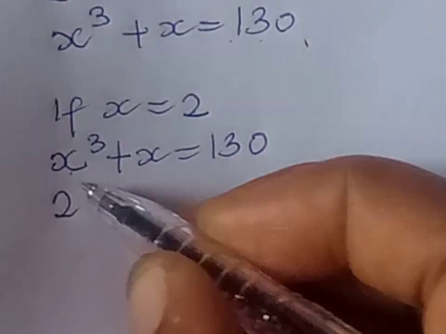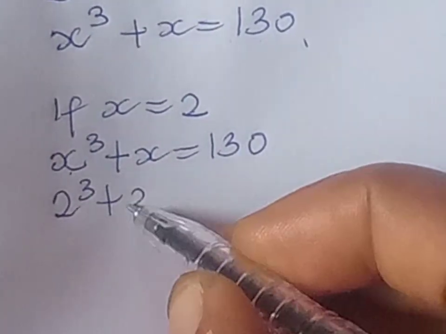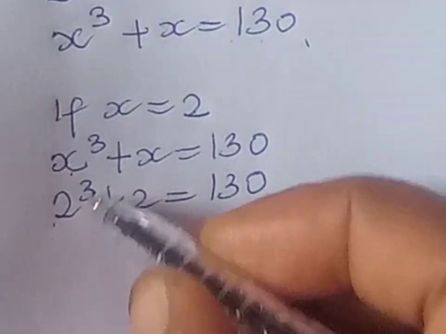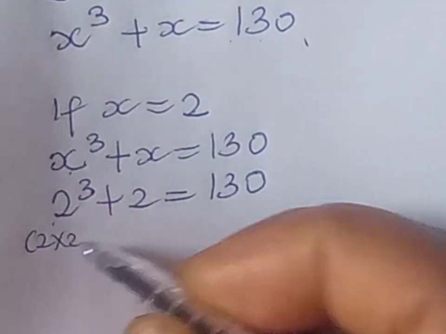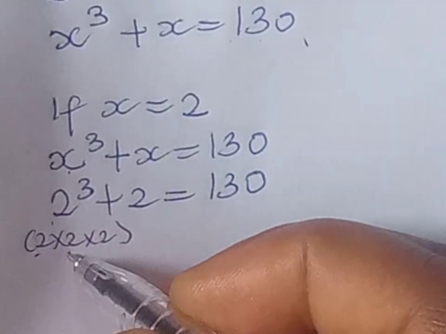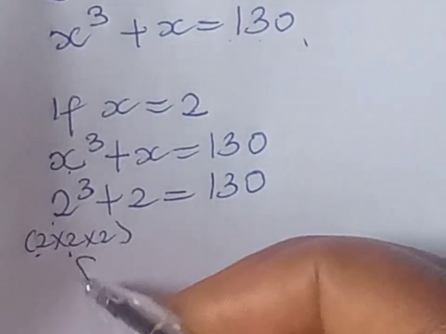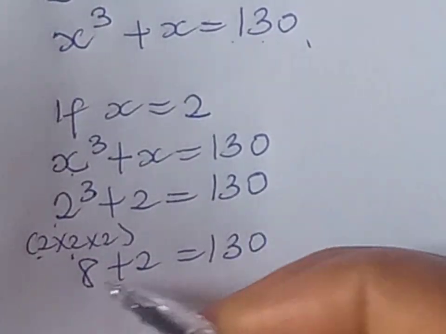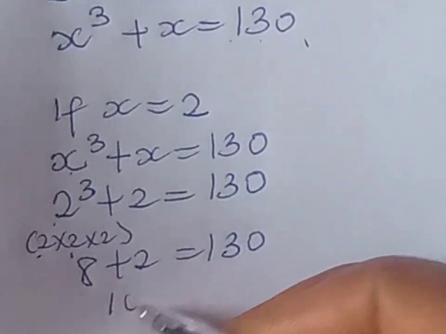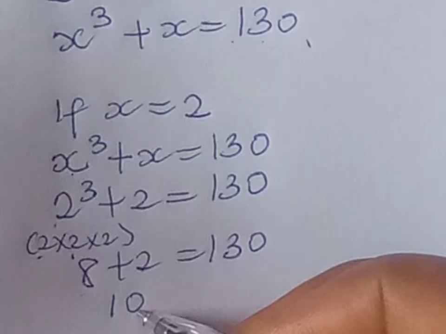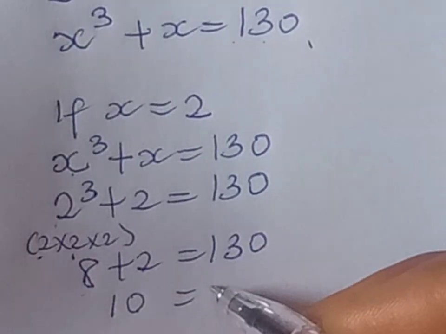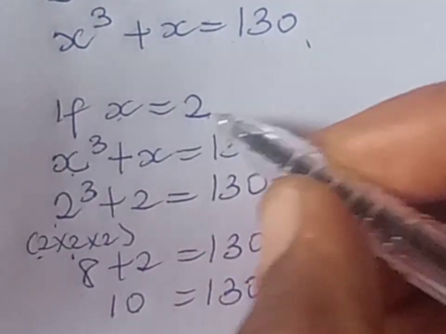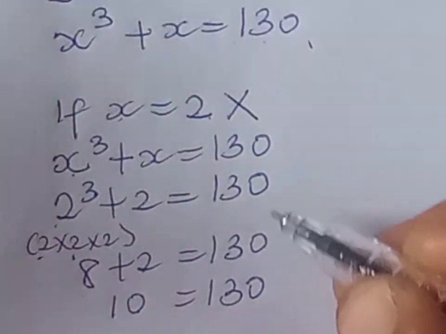So we have 2 cubed plus 2. 2 cubed means 2 times 2 times 2: 2 times 2 is 4, 4 times 2 is 8. So 8 plus 2 gives us 10. That means on the left side we have 10, while on the right side we have 130. That means x equals 2 is not correct.